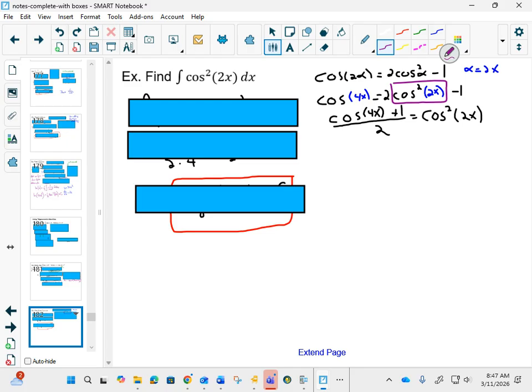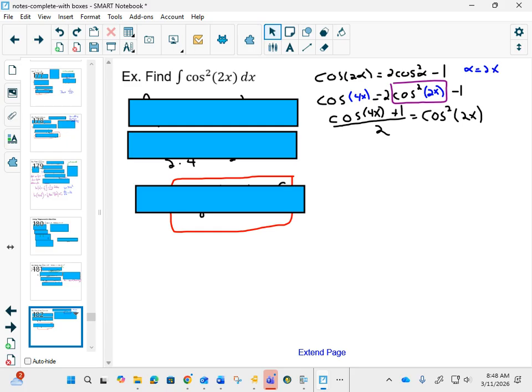Then if I rearrange this cos squared 2x to get it by itself, this becomes cos 4x plus 1 over 2. What am I trying to do here? Initially, my integral has a squared with a cos inside of that with a 2x inside of that. That's a triple chain rule if you did the derivative, right?